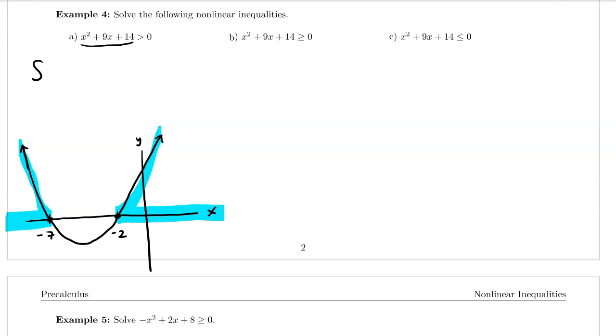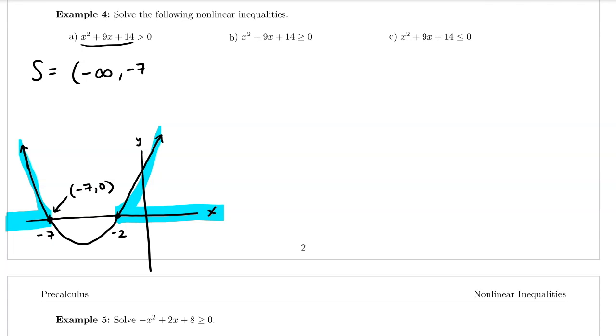So I'm just going to abbreviate my solution set to S for part A, and S equals everything before -7. And now the question becomes, do we include -7? Well, this ordered pair right here is (-7, 0), which means that when I plug in -7 into my quadratic, my output value is 0.